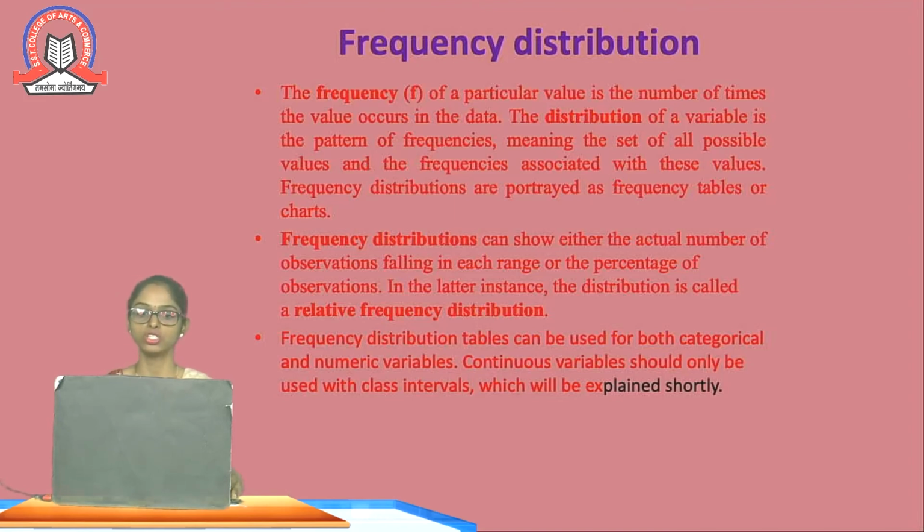Frequency distributions can show either the actual number of observations falling in each range or the percentage of observations, which is called a relative frequency distribution. Frequency distribution tables can be used for both categorical and numerical variables.